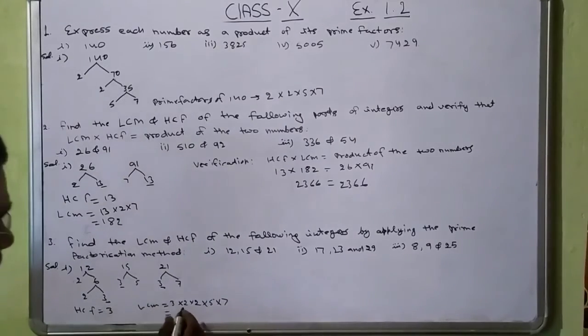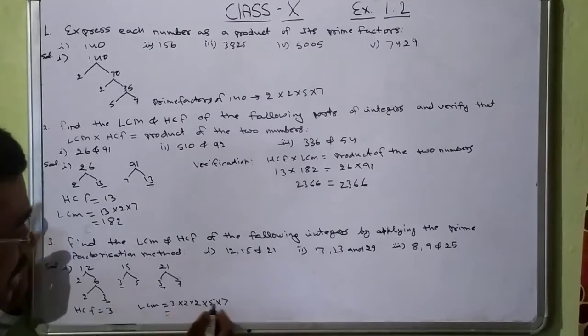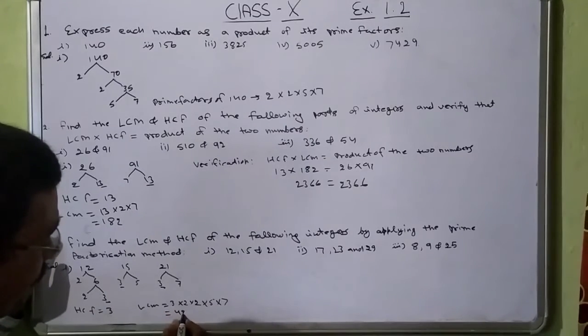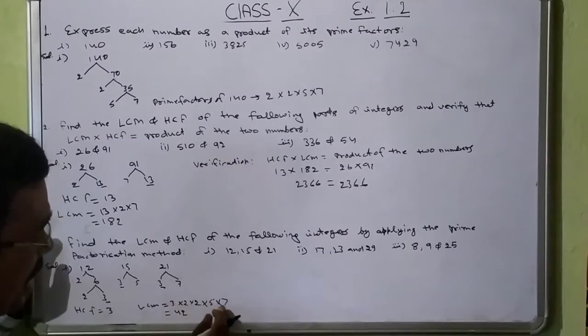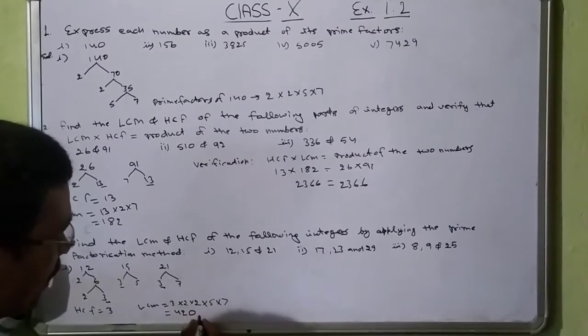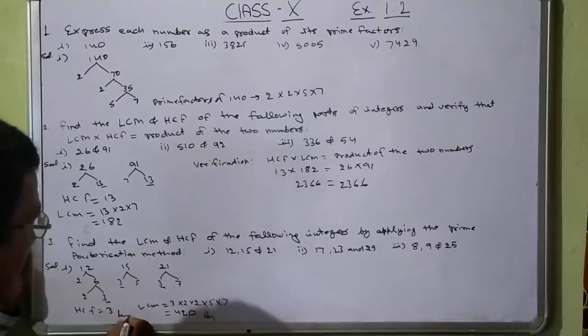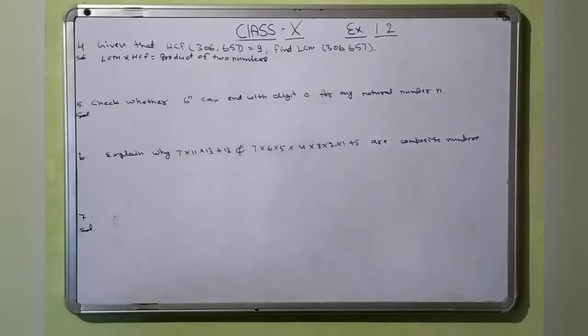So multiply: 3 times 2 is 6, 6 times 7 is 42, and 42 times 5 times 2 gives 420. That is the answer. Write it.